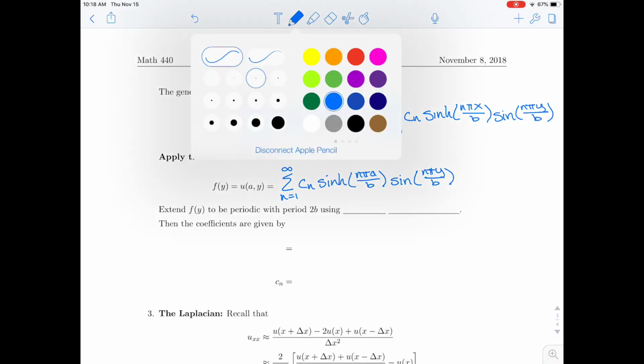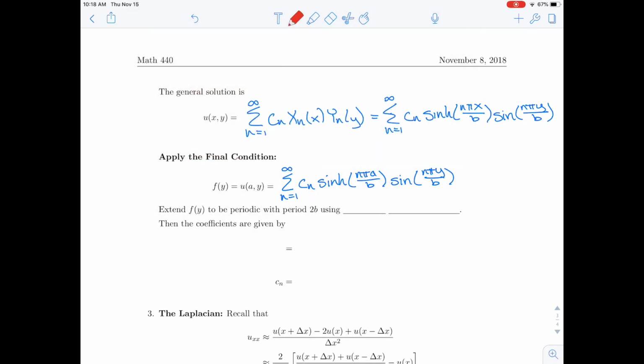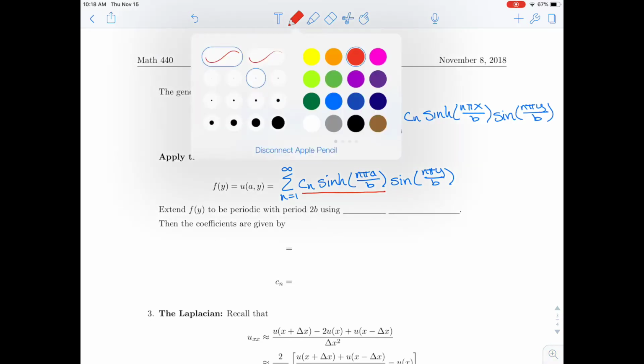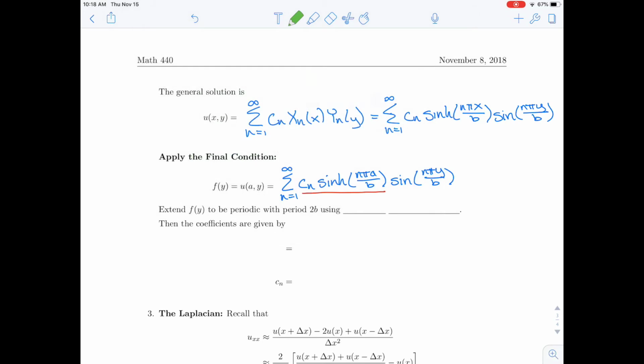And what you should see is a coefficient, in this case c sub n times the sinh of n pi a over b, times a bunch of sine terms n pi y over b. And this looks like a Fourier sine series.